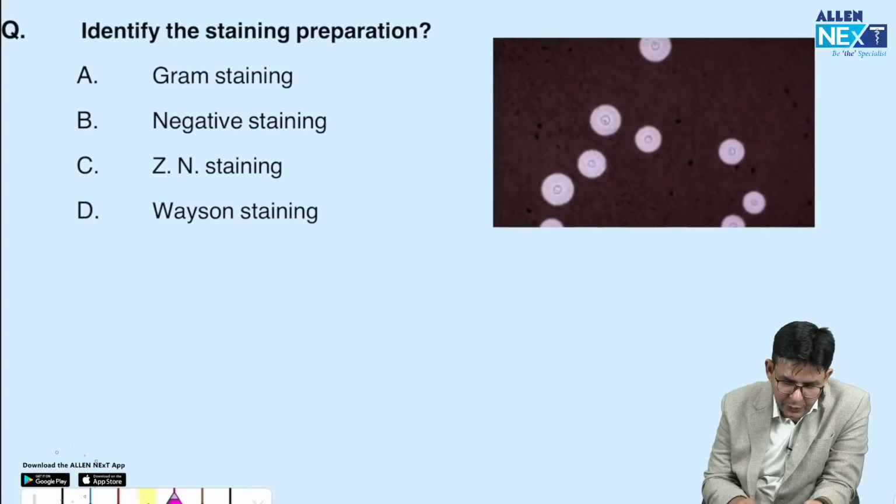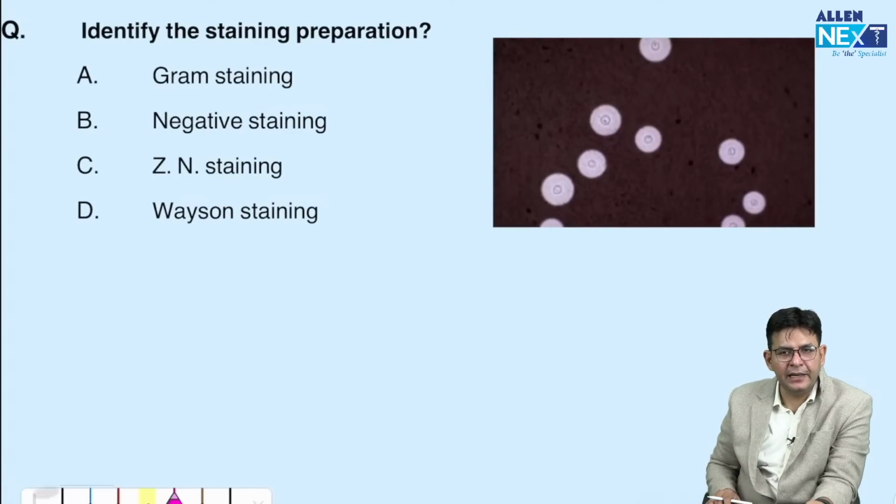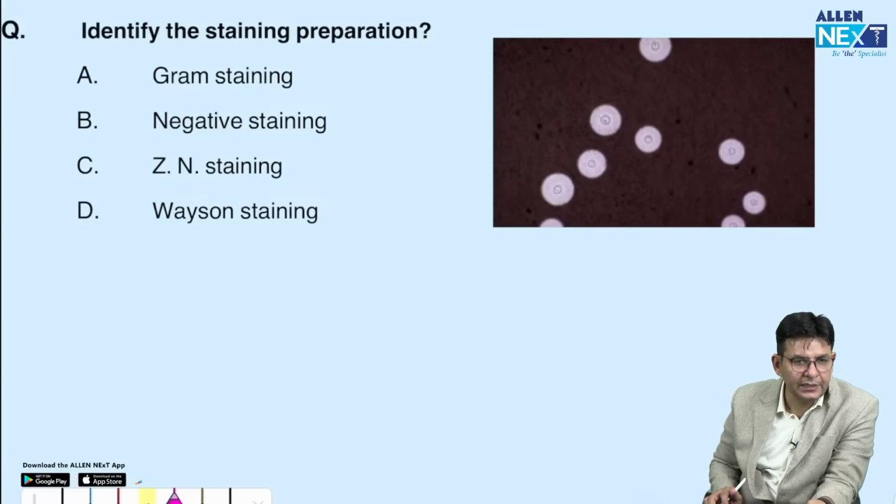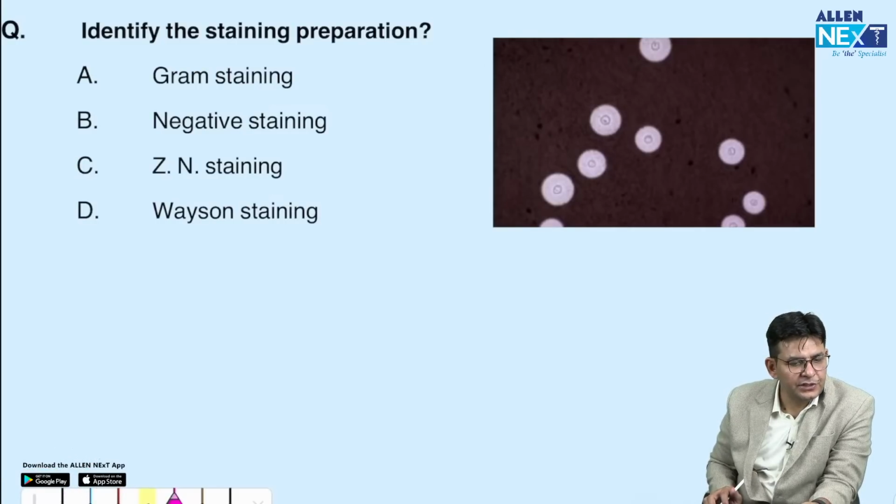Now tell me, which particular staining is this? The background is dark, and against that, the capsule is shining. What are we talking about, guys? What is this staining known as?